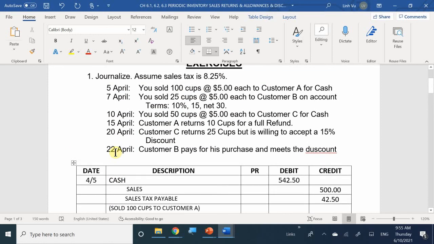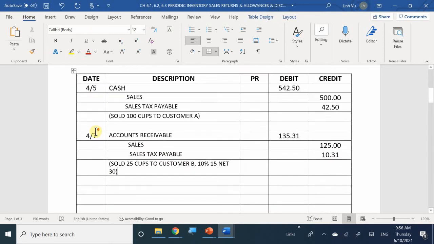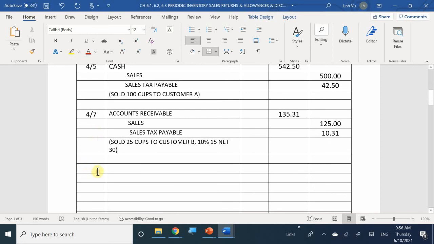So then what happened on April 10? You sold 50 cups at $5 to customer C for cash. Okay. So we'll have cash as our debit, and then we'll credit sales and sales tax payable.